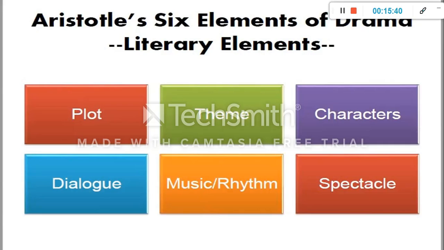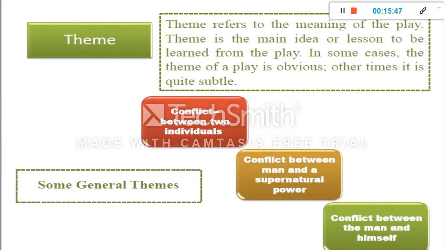Now let us move to the second element of drama, which is theme. Theme refers to the meaning of the play, the main idea or the lesson to be learned from the play. In some cases, the theme of the play is obvious, other times it is quite subtle. Theme is the message which the writer tries to convey to the audience or the reader.